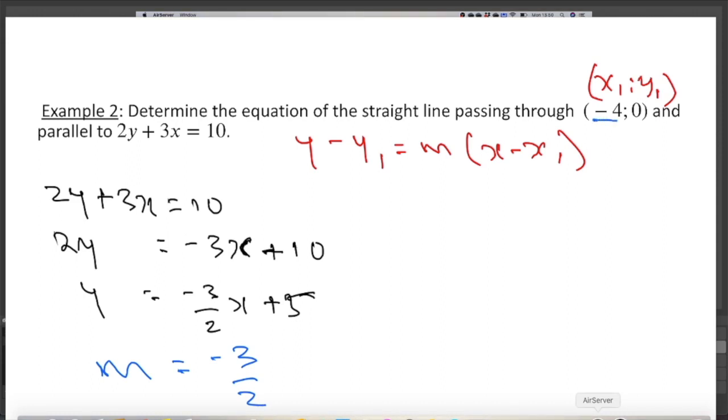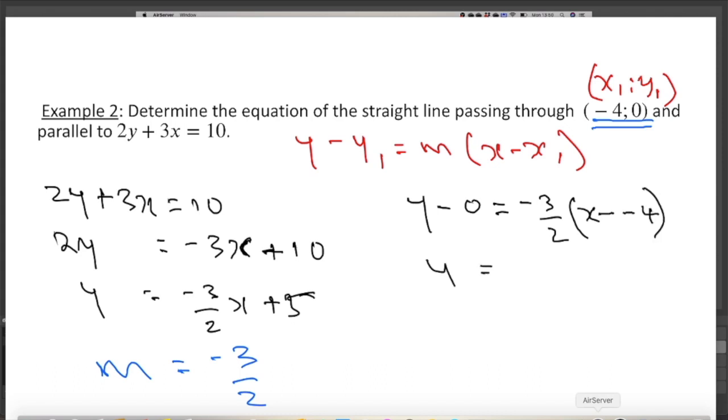And we are going to use x1 as minus 4 and y1 as 0. So let's do that in that equation there. So we end up with y minus y1. y1 is 0. Is equal to m, which is minus 3 over 2, multiplied by x minus x1. X subtract x1. x1 is negative 4, so it's minus 4. Simplify that.